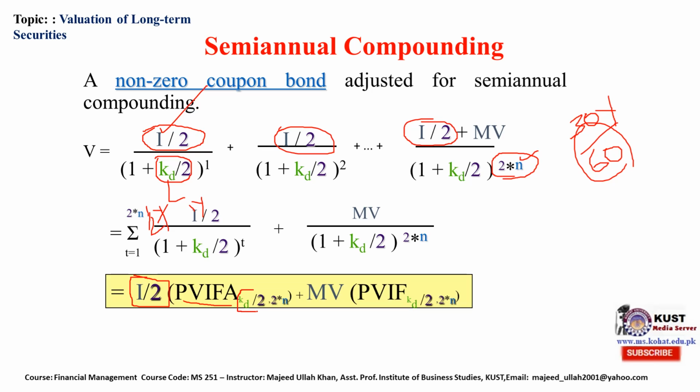Let's suppose we have a 10% required rate of return; now it will be considered as 5%. If the maturity is 30 years, it will now be 60 periods. Similarly, for the maturity value, we use the present value interest factor for a single amount, and the required rate of return given in the question will be divided by 2 and the maturity years will be multiplied by 2 as well.